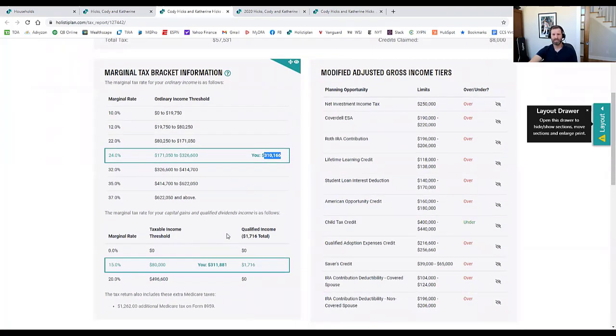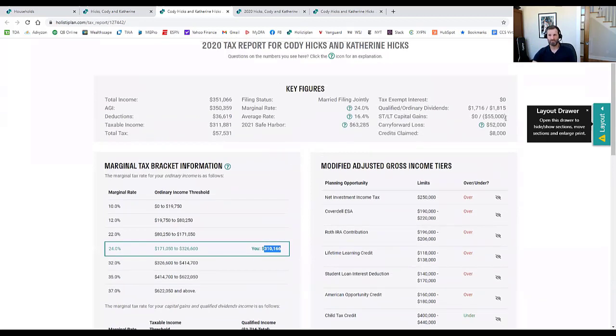And we know that the next dollar of qualified income will get taxed at a rate of 15%. Now, in this particular case, that's misleading, right? The next dollar of qualified dividend income will get taxed at a rate of 15%. But the next dollar of capital gains income will actually get taxed at 0. Why is that? Well, we've got this big carry forward loss.